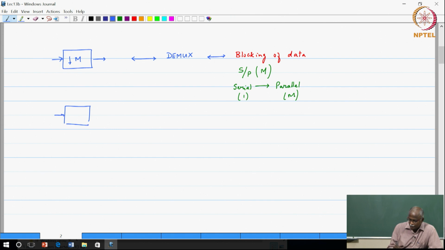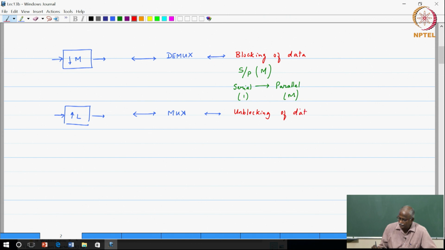In the same manner, we can also indicate the counterpart, the upsampler by a factor of L. This would be the multiplexing operation. We showed that this was a multiplexing operation where L minus 1 zero valued entries are being multiplexed into the signal. This can be viewed as the unblocking of data, that is removing the blocks and making it into a serial stream, and this we would refer to as a parallel to serial converter of dimension L, where L is the upsampling rate factor.